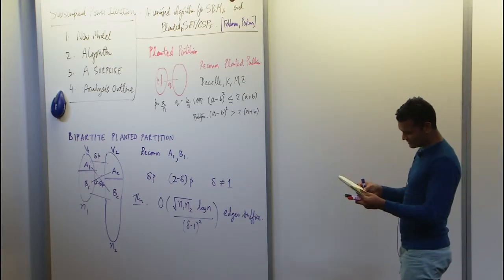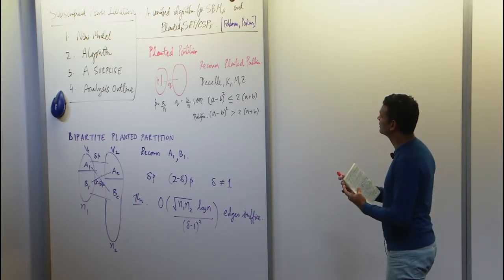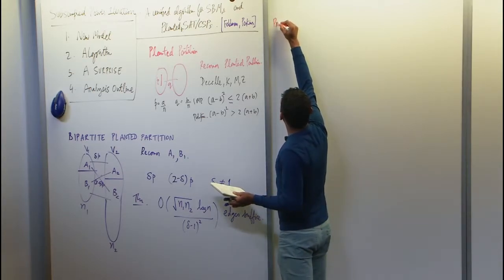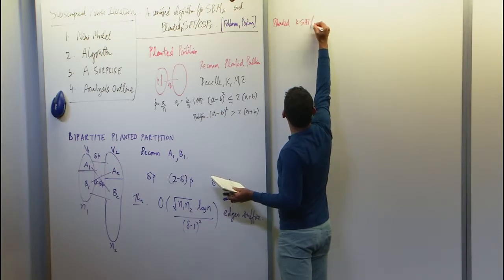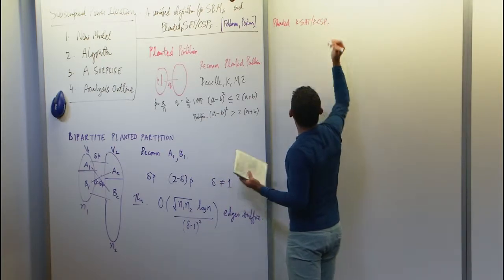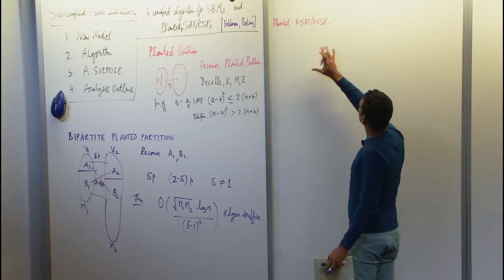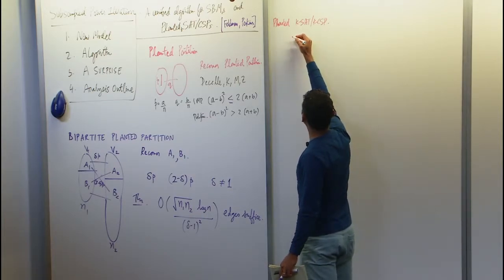So that's the first problem, and now here's problem 2, which looks quite different. Planted k-SAT or k-CSP. So here, let's think of a set of n variables, so 2n literals ordered.